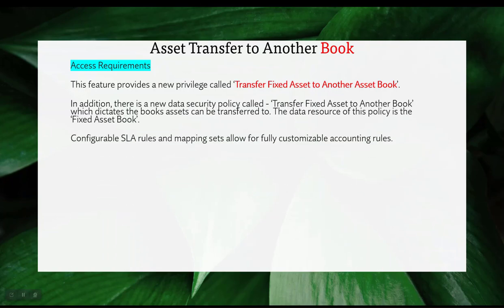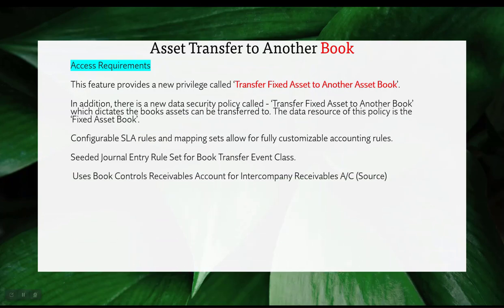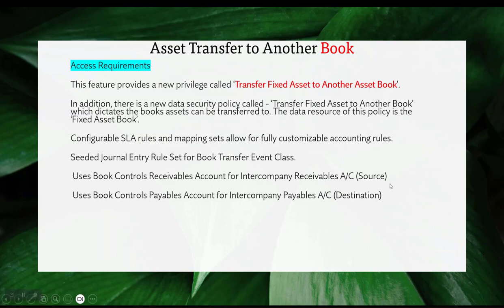Configurable SLA rules and mapping sets allow for fully customizable accounting rules. Create a journal line rule set for the book transfers event class. Use book controls receivables account for intercompany, and the same for payables: payables for destinations, and receivable for source, because it's like intercompany transactions.